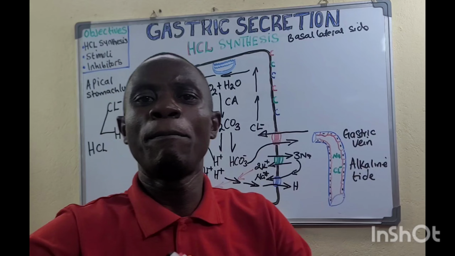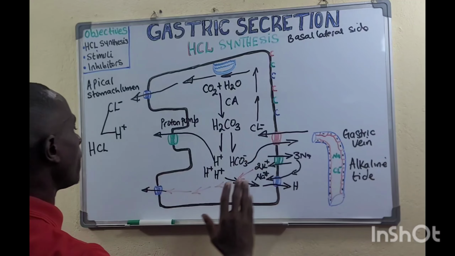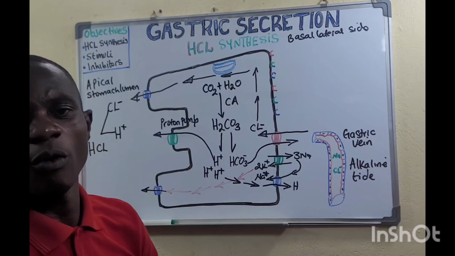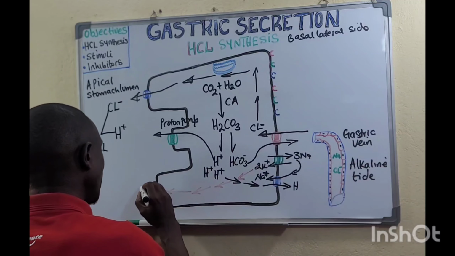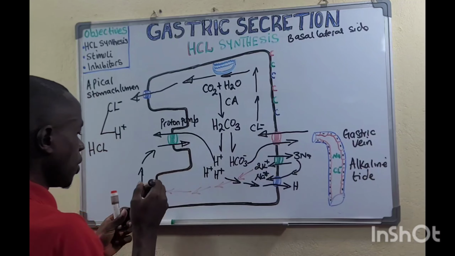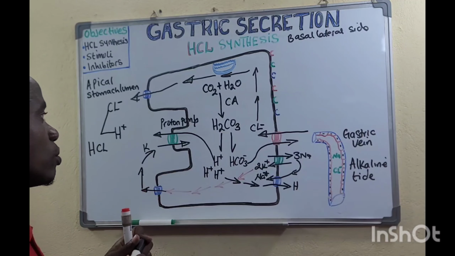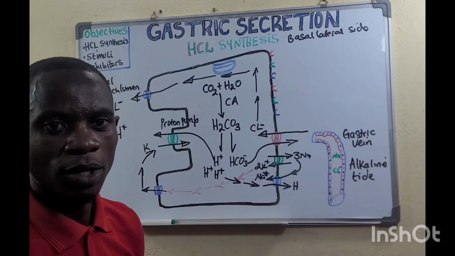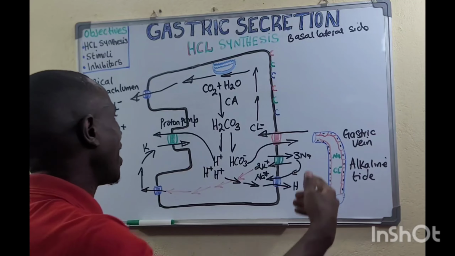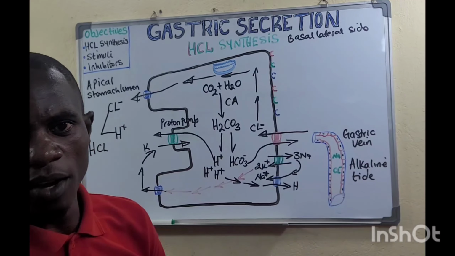It allows passive movement, it doesn't need ATP. So it diffuses passively into the gastric lumen, from which it will finally enter through this pump. So here potassium is entering through the proton pump. That is how the proton pump functions, by allowing out movement of the protons in exchange for potassium.